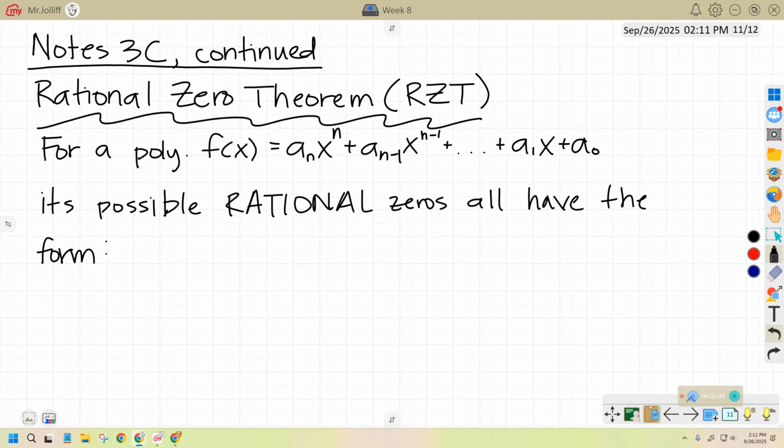The form for these possible rational zeros is factors of a sub 0, our constant term, divided by factors of the leading coefficient a sub n.